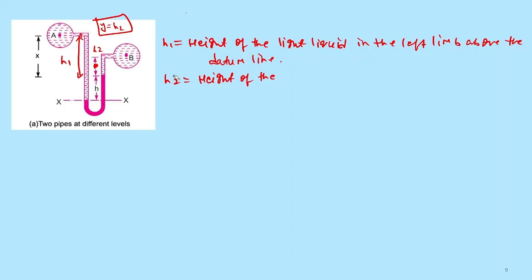So in this place, in place of H1, H2, I will write H equal to height of the heavy liquid in the right limb above the datum line.